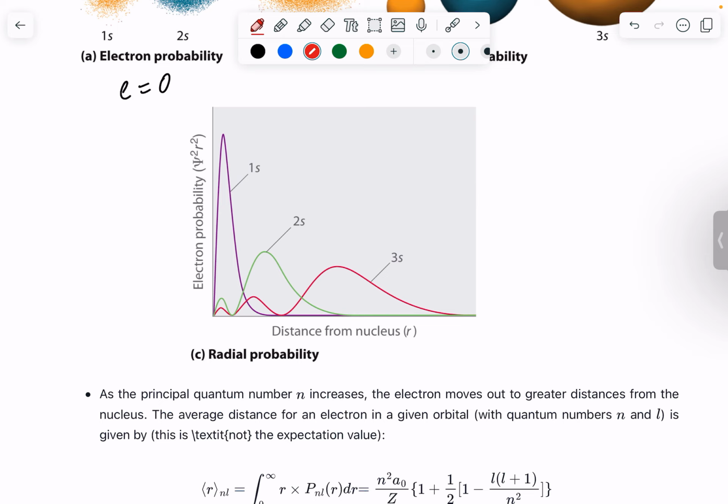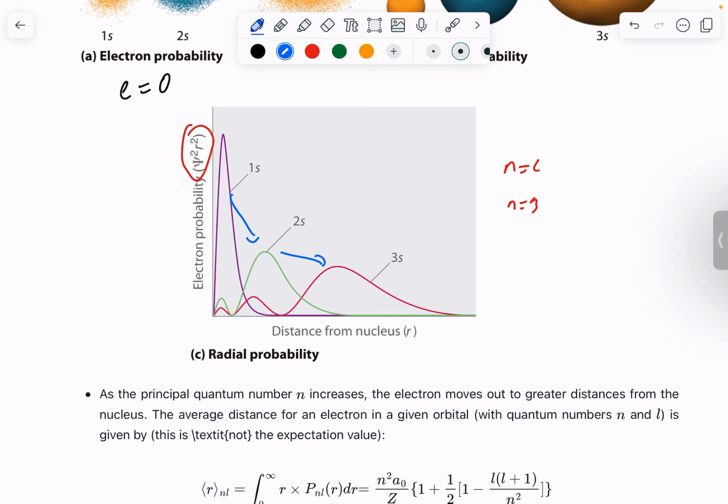Here we're visualizing the 1D radial part of the wave function squared. Notice again that we have the r factor in there. The 1s orbital, or 1s wave function, describes the electron that can be the closest to the nucleus. And as we go to n = 2, n = 3, you see that the probability is shifting to higher and higher values.